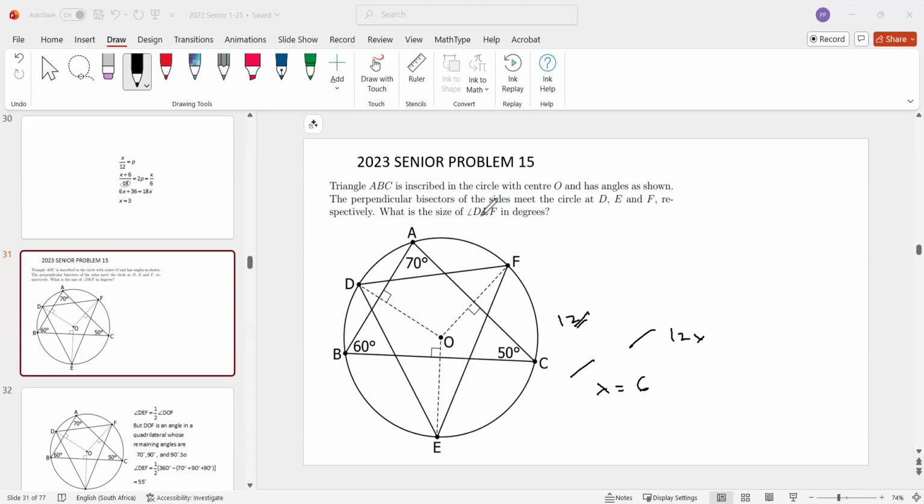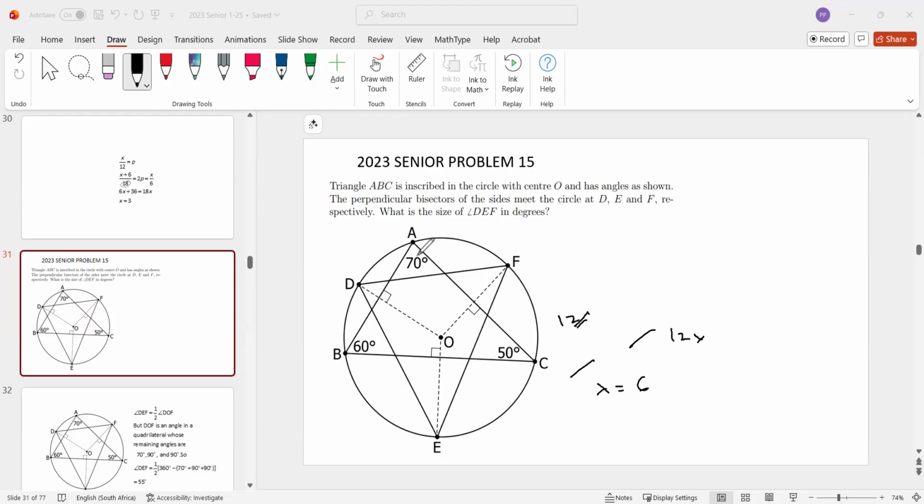The perpendicular bisectors of the sides. Okay, the three sides. If you draw a perpendicular bisector, it means a line which bisects.